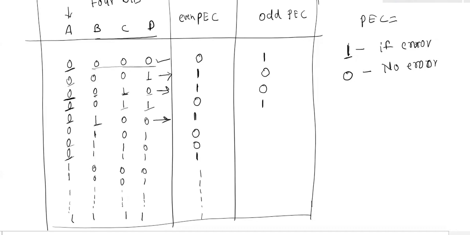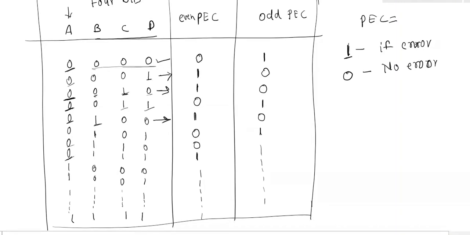Similarly for the next, it is exactly the opposite operation of the even parity checker. Similarly 0 1 0 0, an odd number of ones are available in the data, so it is a 0. Similarly 1 1, now an even number of ones are received, but it is expected that in the odd parity checker the data should be in the odd format, so it is an error, and so on.